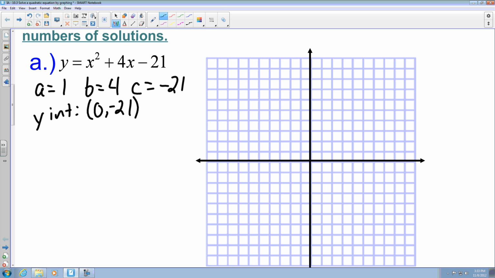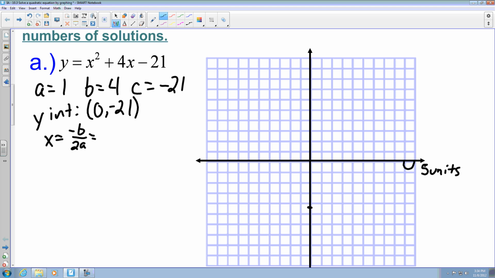So if we're looking at our graph, let's imagine that each grid from here to here is 5 units in measurement. So for the y-intercept to be 0, comma, negative 21, I go 5, 10, 15, 20, so I would say it's right about here. Now, to find our axis of symmetry, we have to use the equation x equals negative b over 2a.